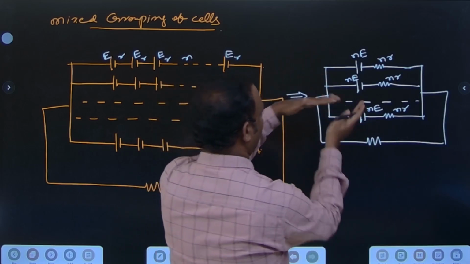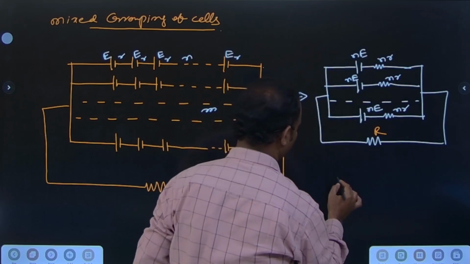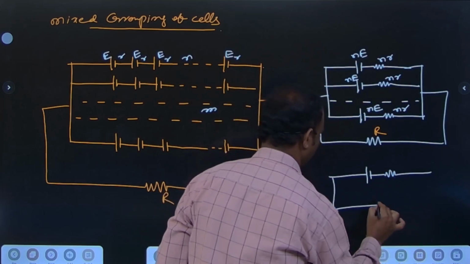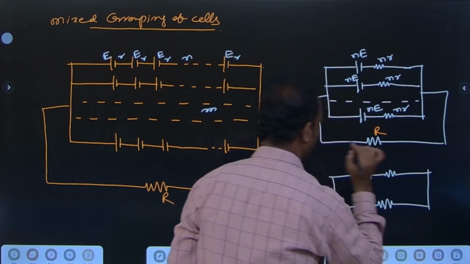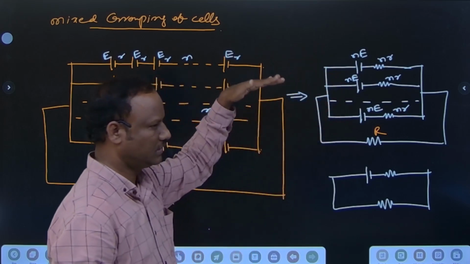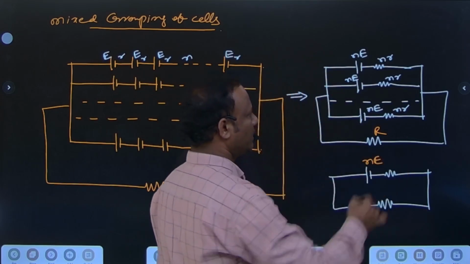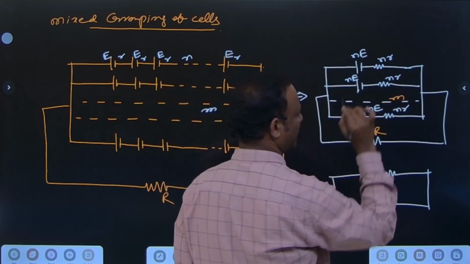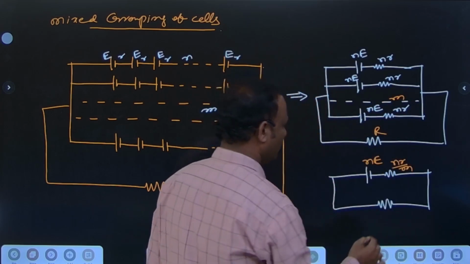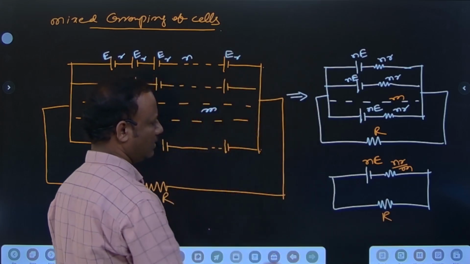Now these are again grouped, so this becomes one, with the external resistor R. All these are connected in parallel. Equivalent EMF is nE only. nr, repeated m times, gives the equivalent nr by m. Total resistance is R plus nr by m.